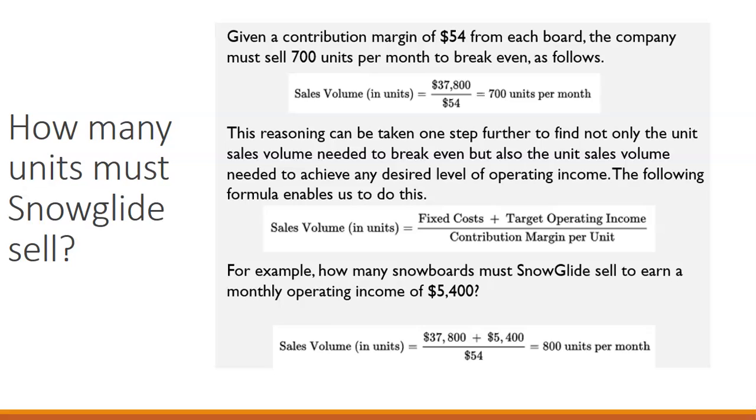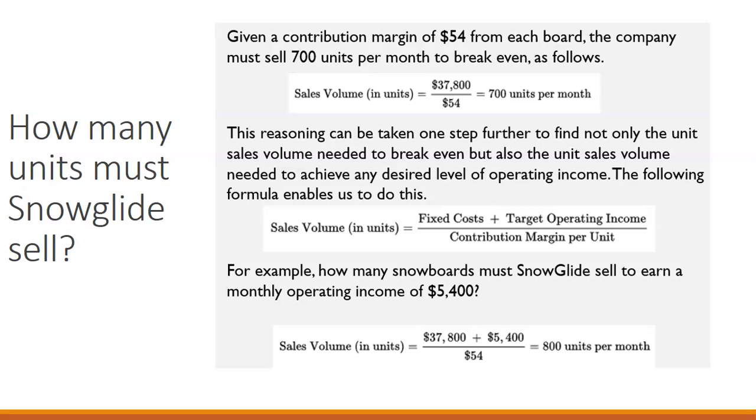Normally for math, if you have below 0.5 after the decimal, you round down, and above 0.5, you round up. With CVP analysis, if there is any number after the decimal point, you round up, because if you round down, you will have a negative income. And you can't sell a portion of a unit.